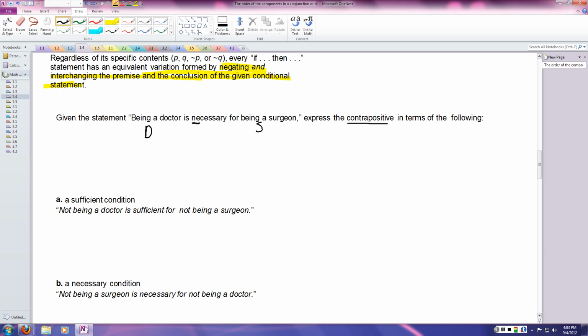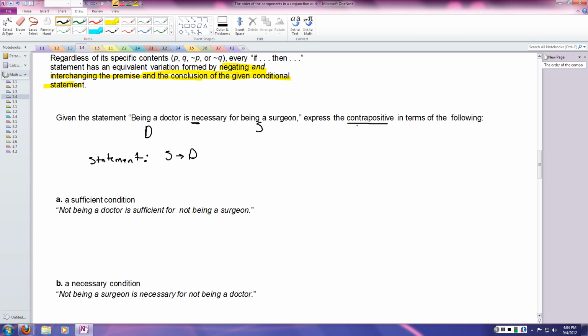Necessary means I switch the order. So being a surgeon implies you're a doctor. So this is the statement. Remember, necessary tells me I'm going to switch the order of premise and conclusion.